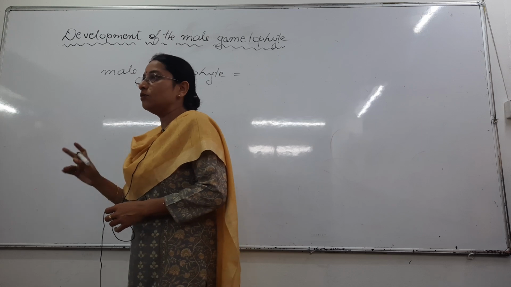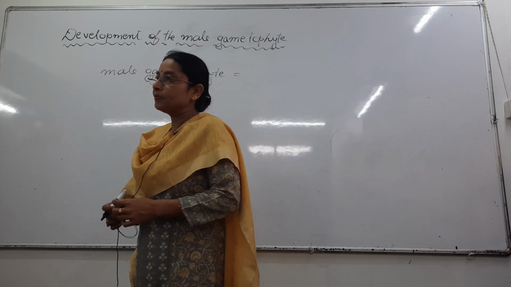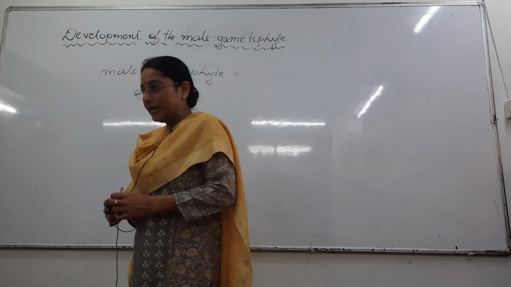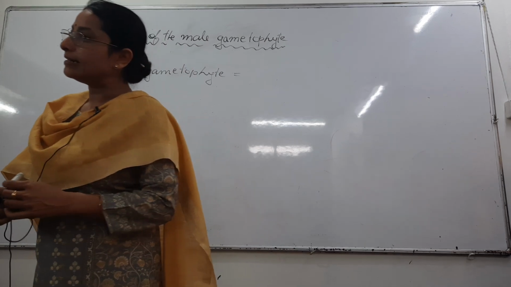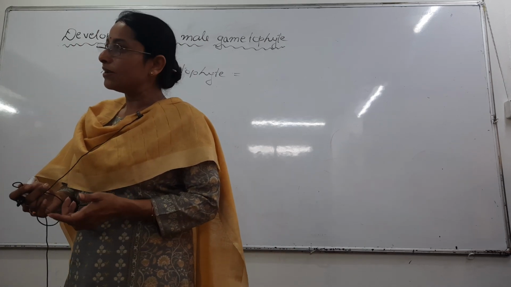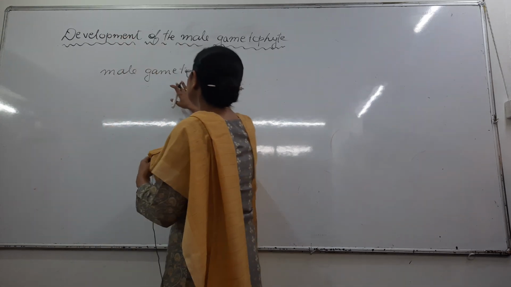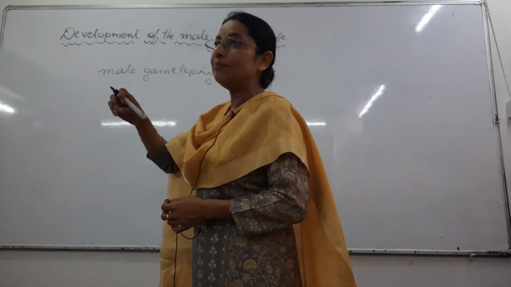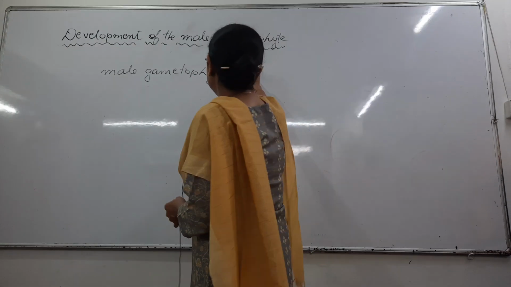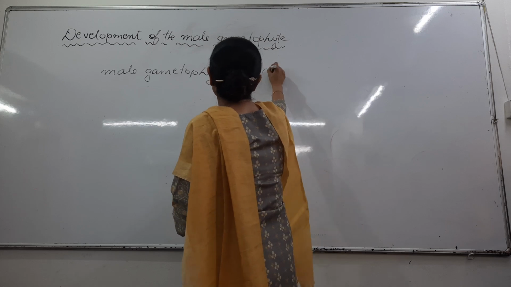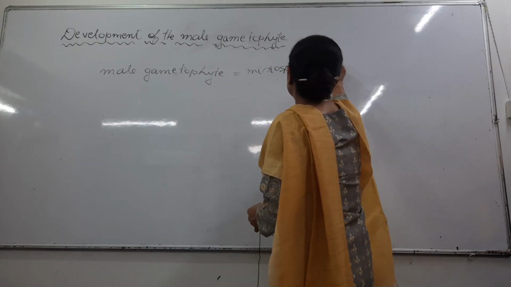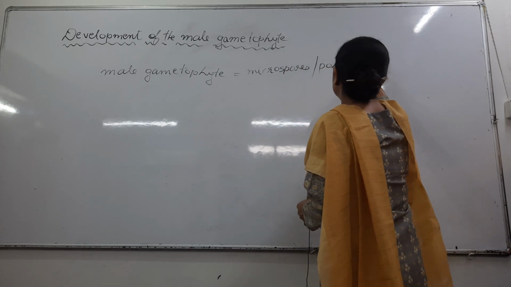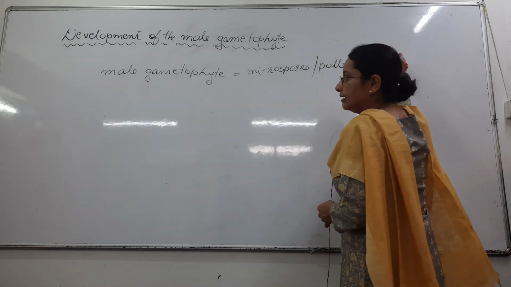So we are talking about the male gametophyte, which is the microspore, also called the pollen grain, right? The structure in which the male gametes are present, we call the male gametophyte. So we are talking about microspores, which is equal to pollen grains, right?